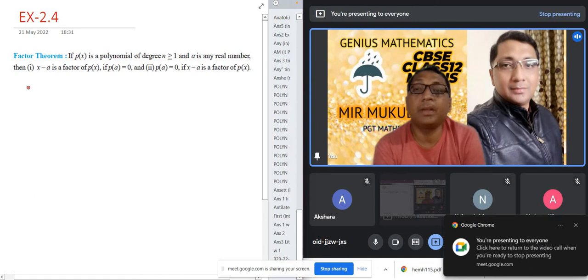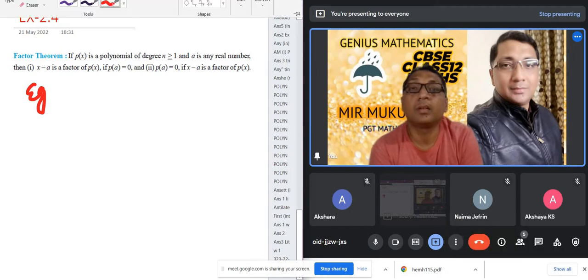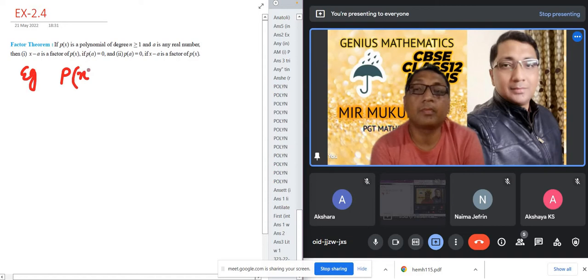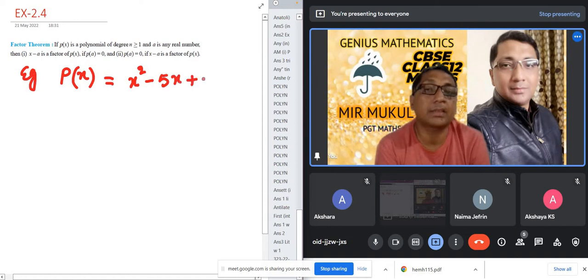So I am taking one example. Suppose p(x) equals x squared minus 5x plus 6.